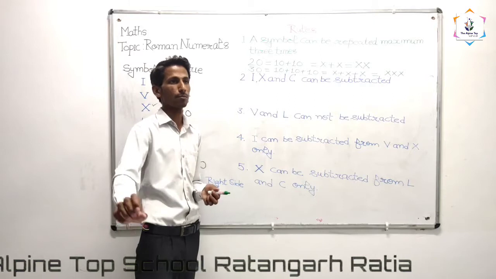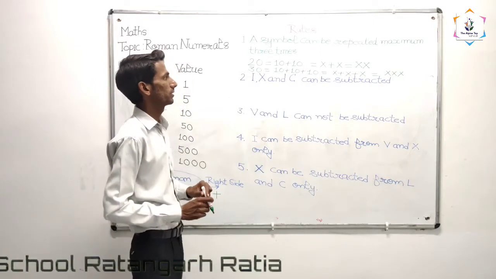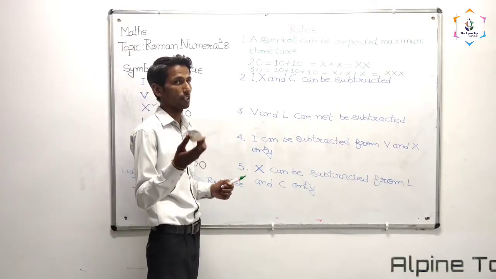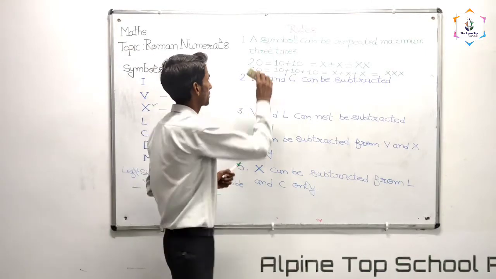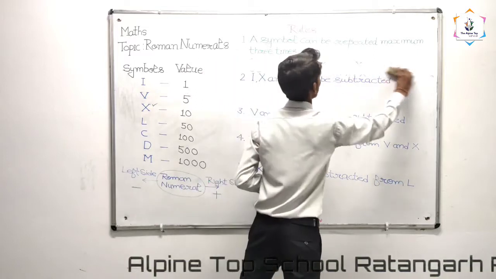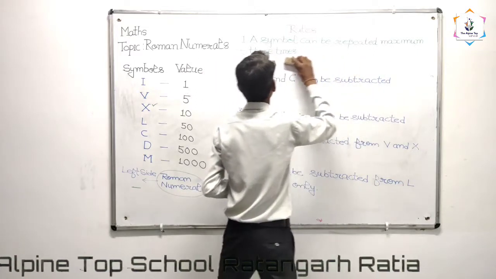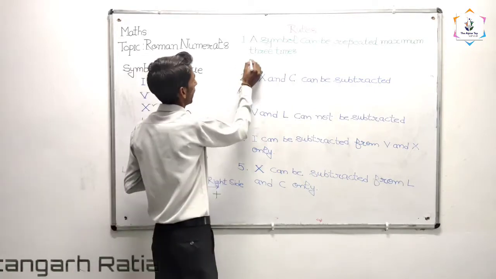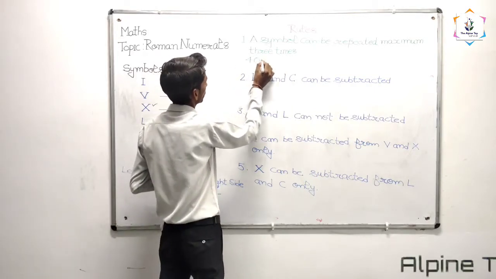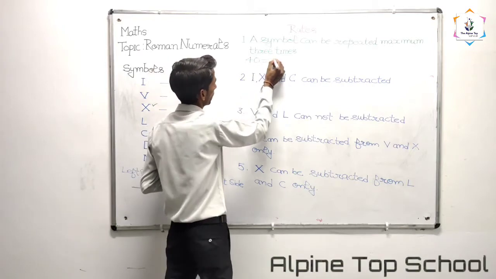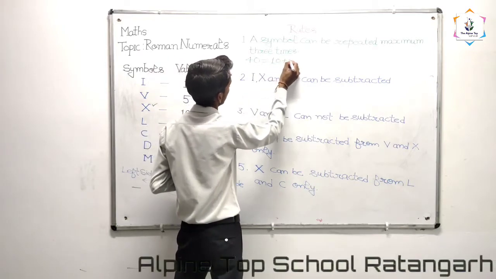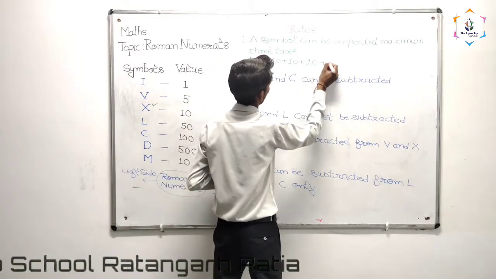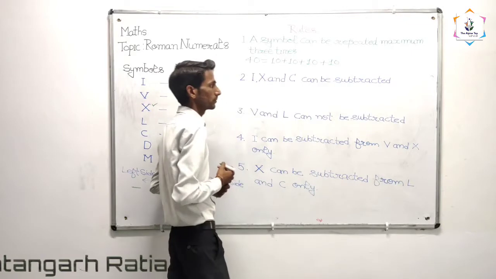Just see one example I am going to tell here. If you repeat any symbol more than 3 times, it will be wrong. How is that possible? See here, I am going to take one example. I want to write 40, and according to this I can write 40 as 10 plus 10 plus 10 plus 10.